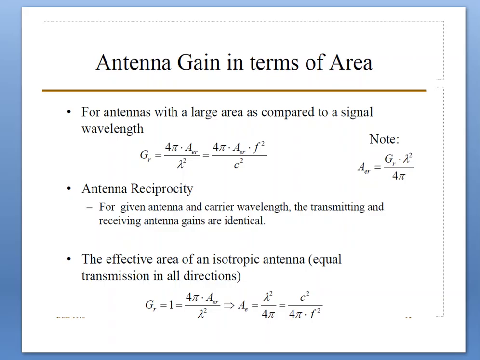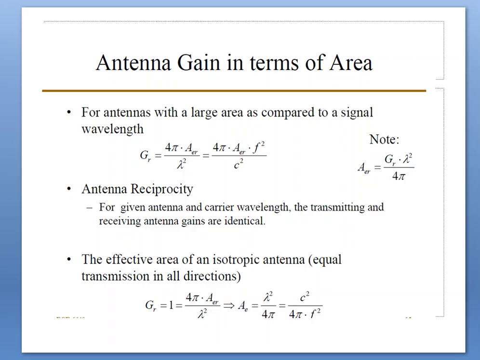If you consider the effective area with gain equal to 1, then the effective area is equal to lambda square by 4 pi. That means the value of G is equal to 1. According to antenna reciprocity, for a given antenna and carrier wavelength, the transmitting and receiving antennas are identical.